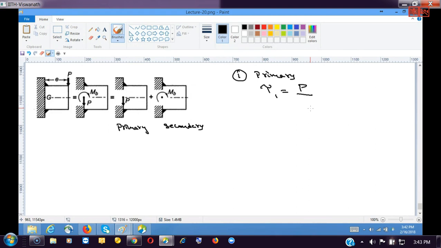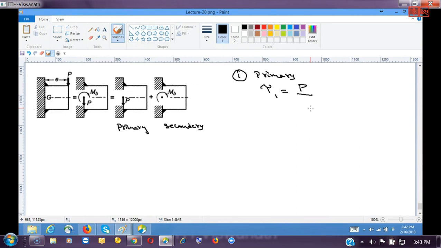So sigma B is given as MB Y by I. Y is the farthest fiber, and I is the moment of inertia about the bending axis.